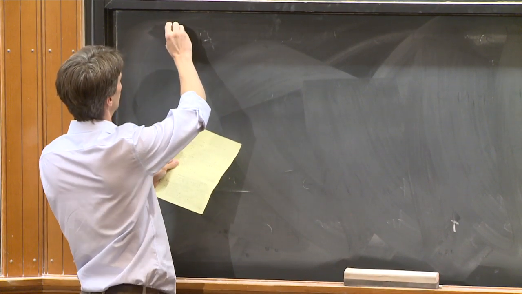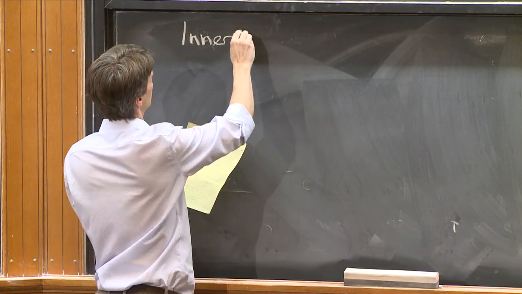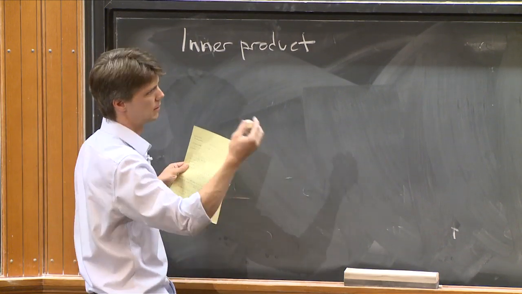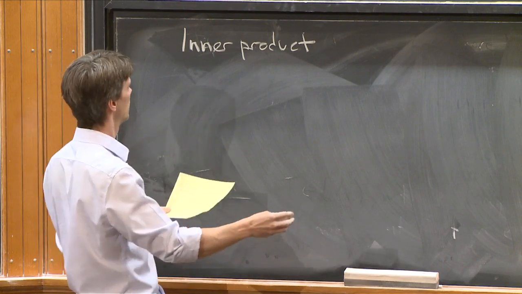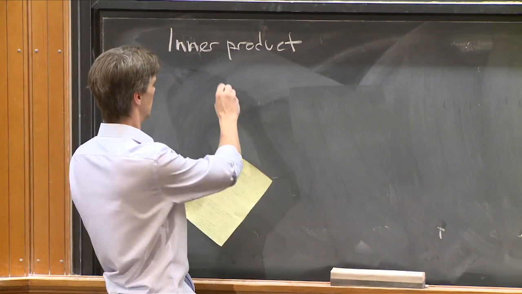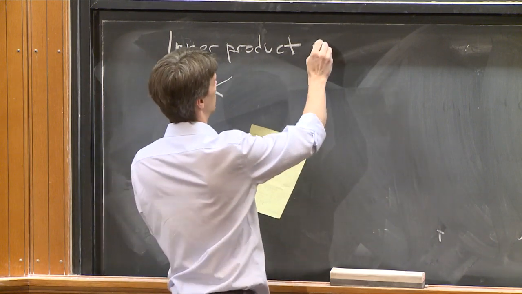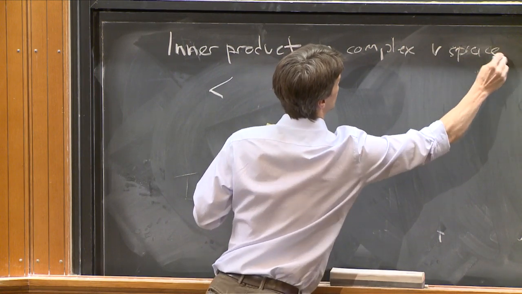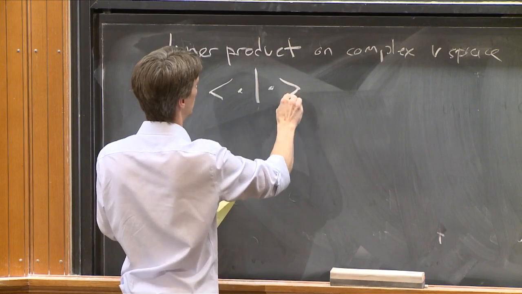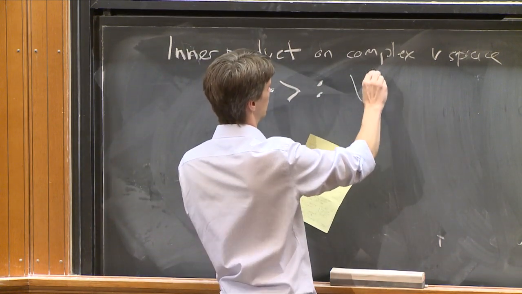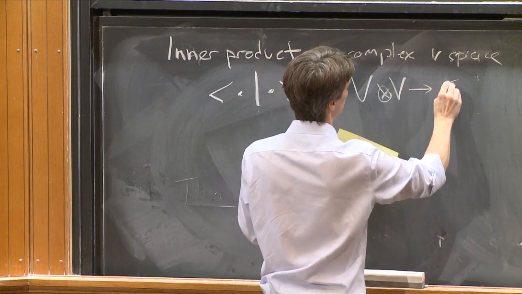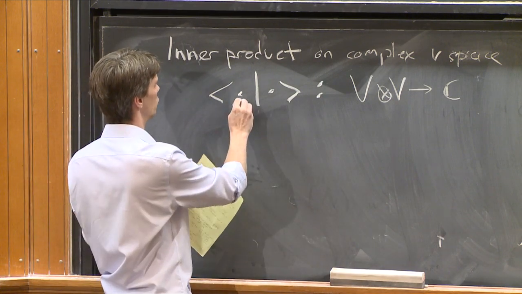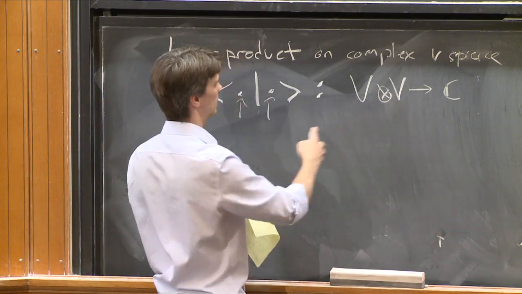I'm going to write it in a particular way. So the inner product is going to be, again, a map, and it's going to take two elements of the vector space to the field, and I'm in a complex vector space, so it's a map that I'm going to write like this, that takes V cross V to C. What I mean here is you put the two elements of your vector space in these positions.